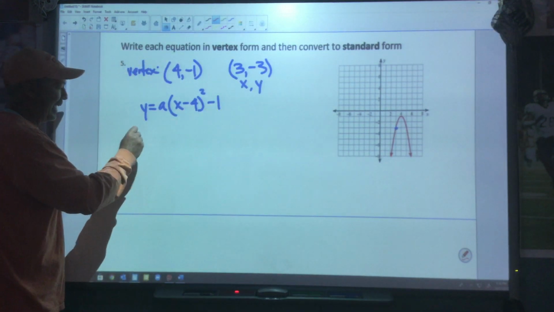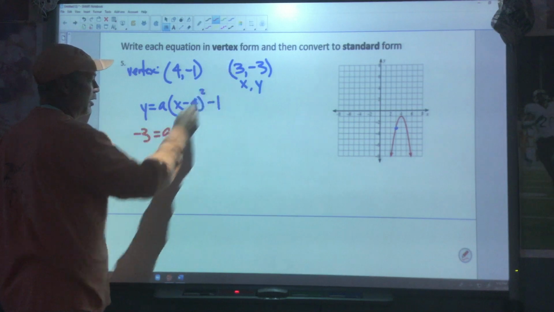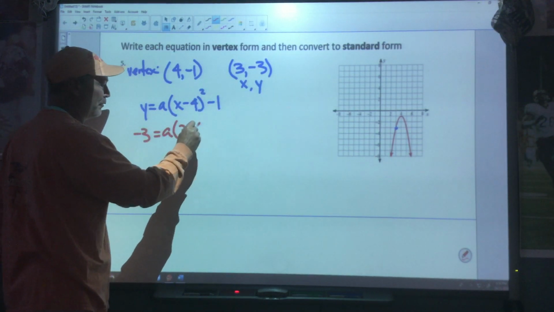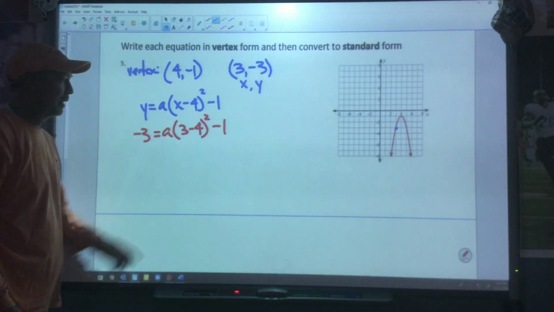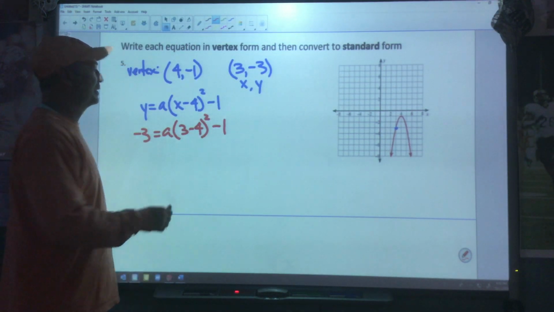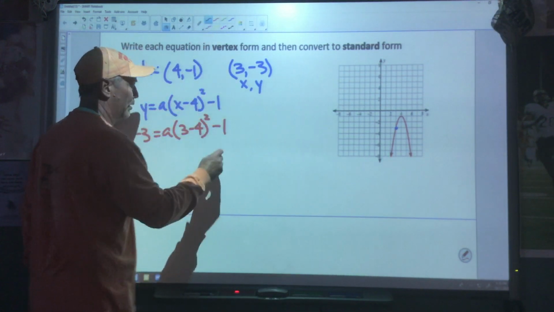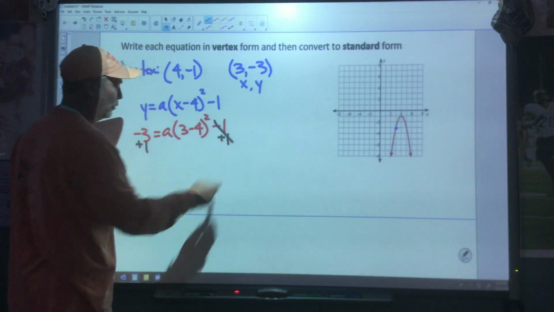We're going to say that -3 equals a(3 minus 4) squared minus 1. We're going to remove this so we're not tempted to use it. We're going to say plus 1, plus 1. This is going to cancel.